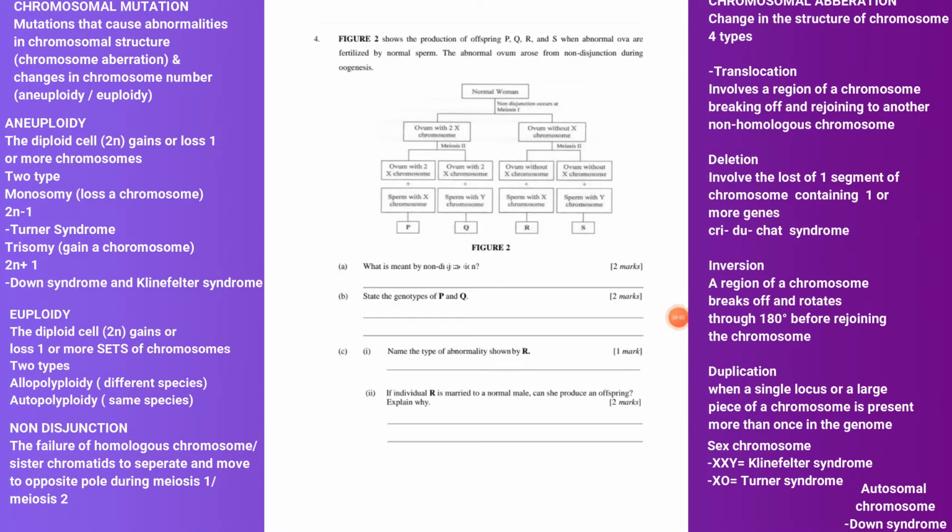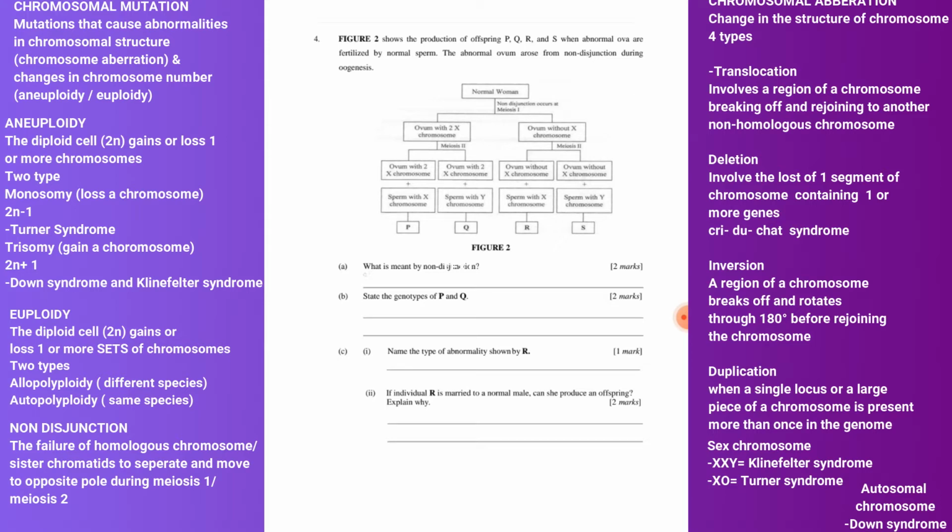Okay, question number 4. Figure 2 shows the production of offspring P, Q, R, and S when abnormal ova are fertilized by normal sperm. The abnormal ovums arose from non-disjunctions during oogenesis. So now, what is meant by non-disjunction?